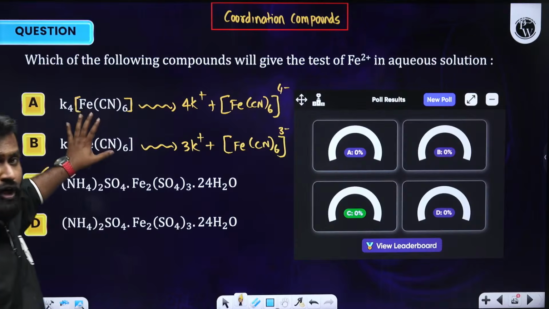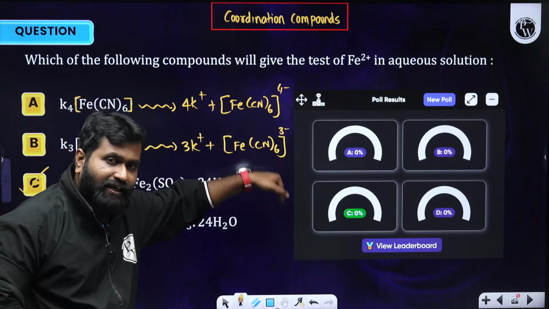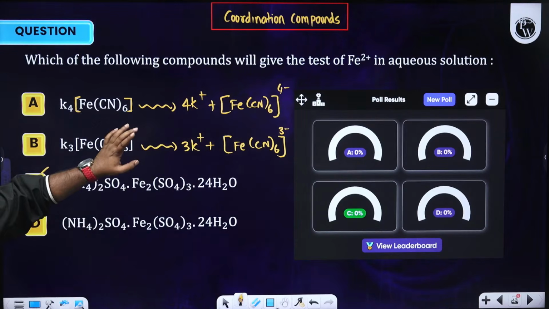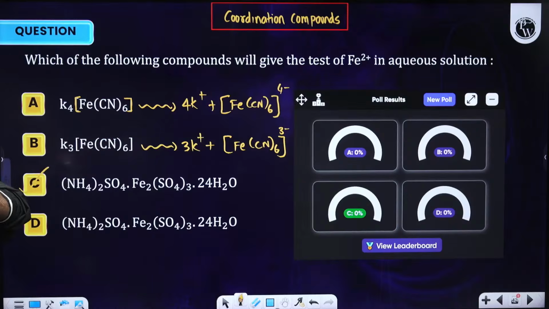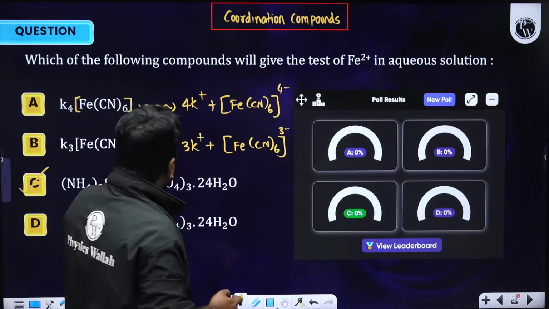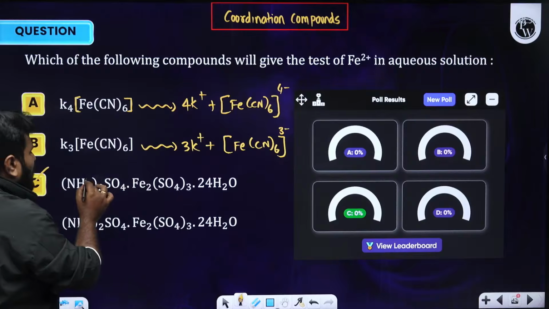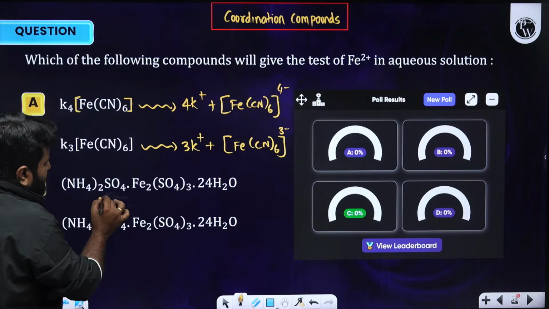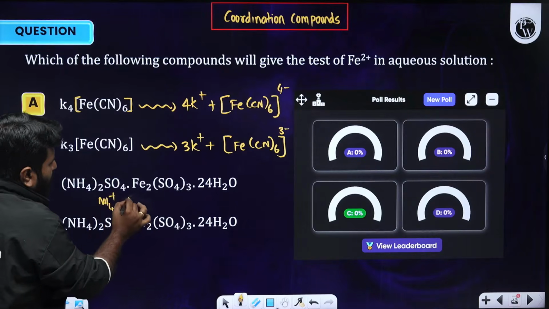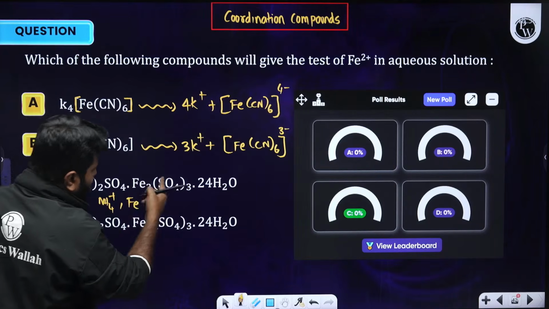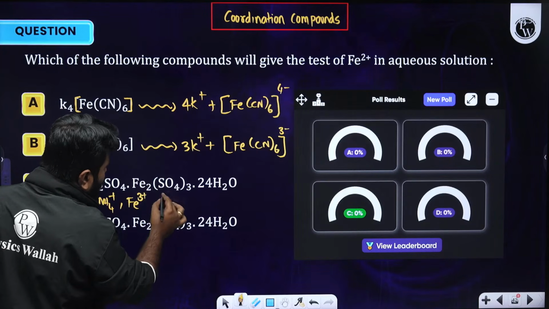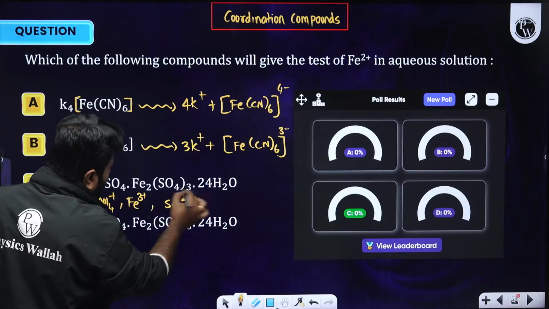Coordination compounds do not lose their identity. When it comes to double salt, if I dissolve this in aqueous solution, what exactly will happen? Ammonium ion will come out, iron ion will come out, sulfate ion will come out.